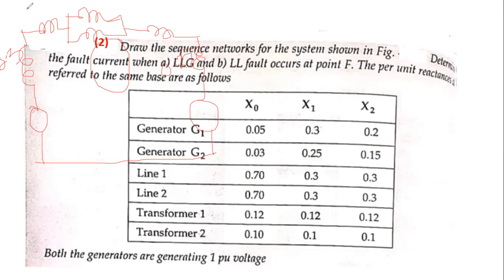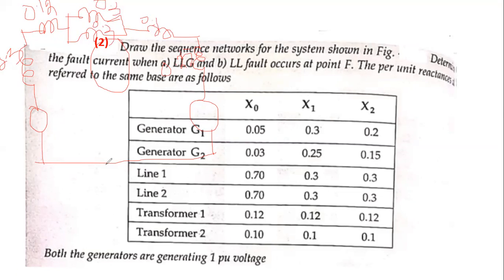Transformer 1 positive sequence reactance is 0.12, and transformer 2 has 0.1. Transmission line 1 positive sequence reactance is 0.3, and transmission line 2 is also 0.3. This is the positive sequence reactance diagram with its values.